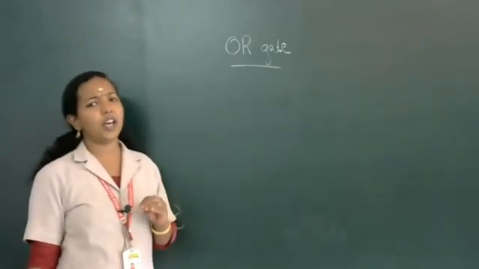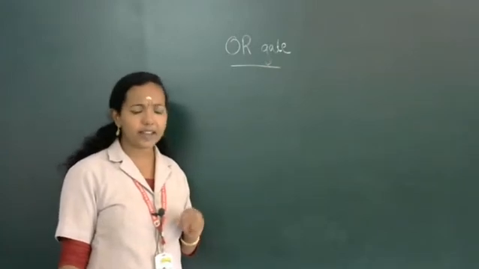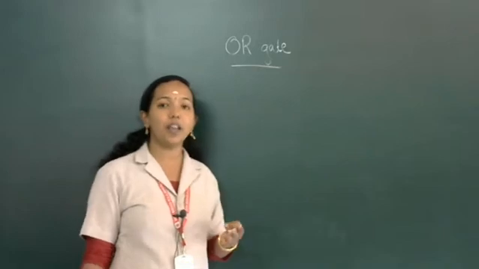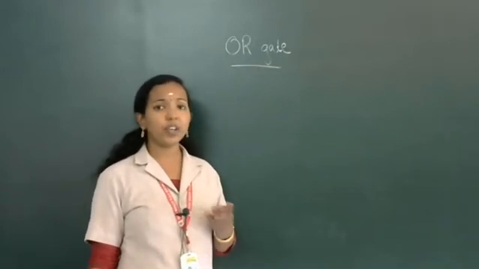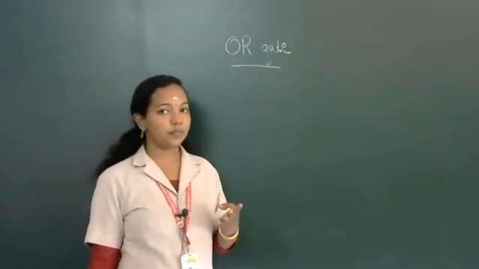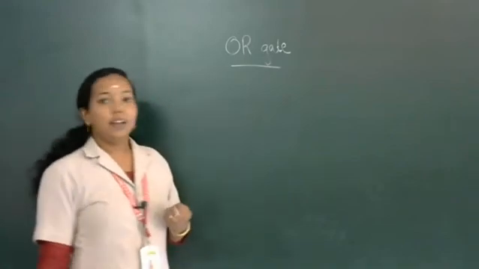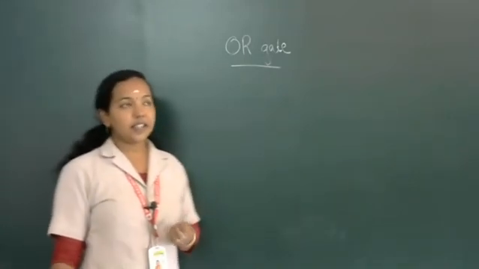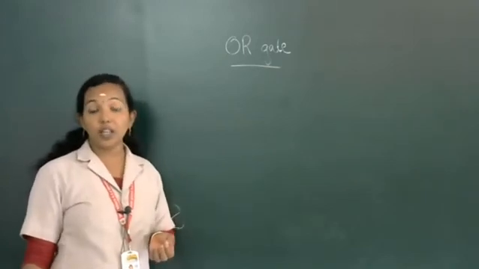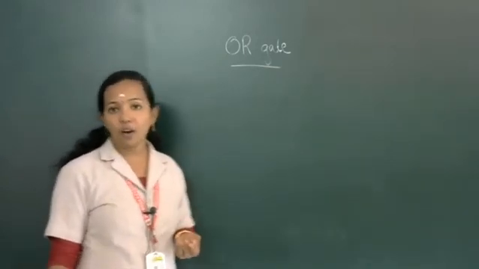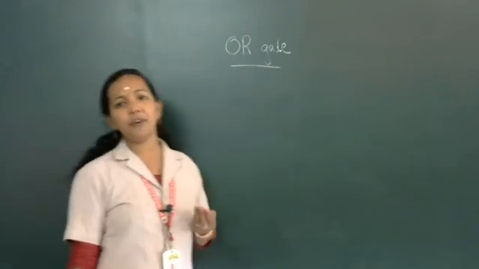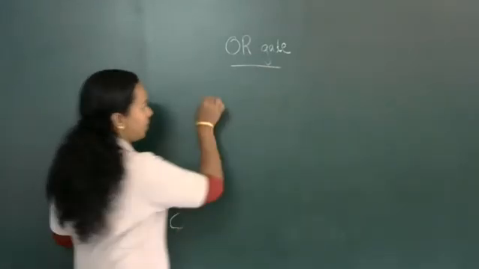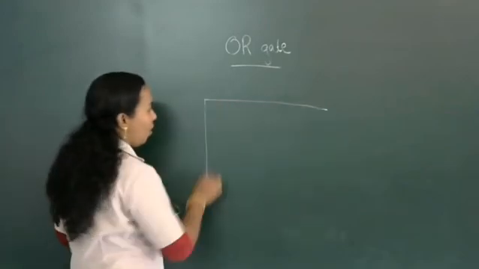In computers we use different types of logic gates, and for the creation of logic gates we use diodes. The OR gate belongs to the logic statement category and it uses Boolean algebra values, true or false. With the help of a real life example, I will explain the working of the OR gate.